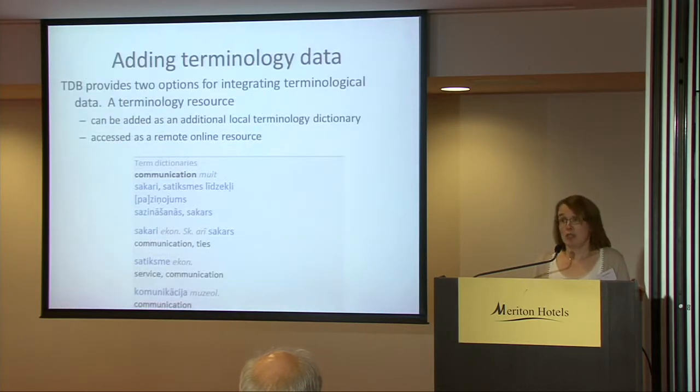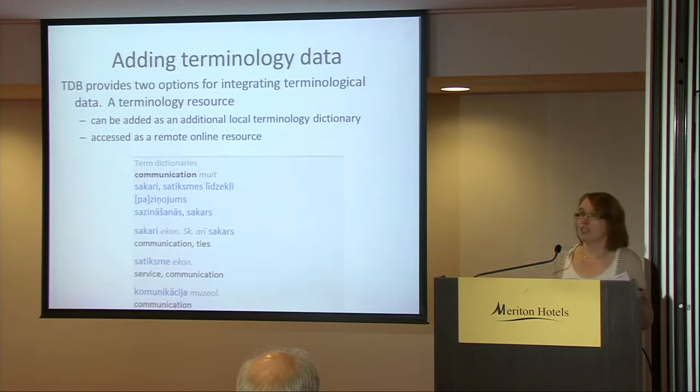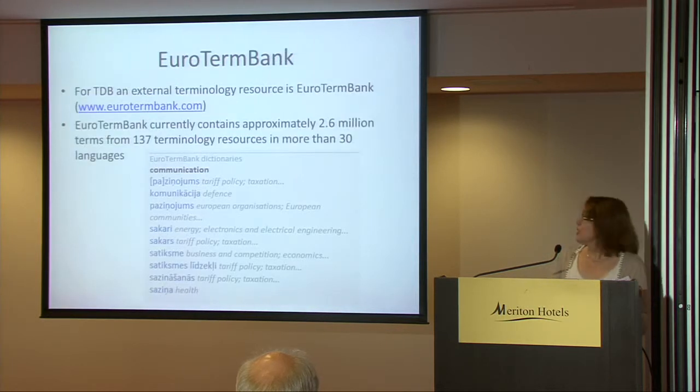As I said before, it's not just translation dictionaries. There are also terminology dictionaries, and in the case of terminology dictionaries, we combine two different sources. Some dictionaries are also on the computer of the user, as you can see on the screen. And others are linked through the internet in the same form as dictionaries which are on the user's computer, and it looks as you can see now on the screen.